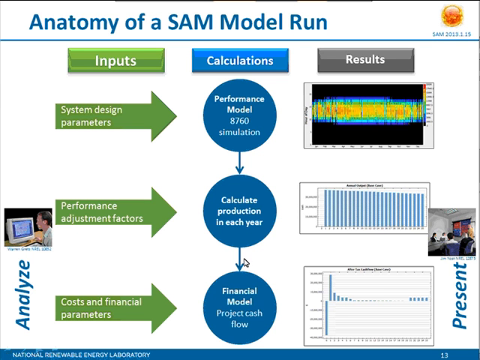Those kilowatt hours get fed into the financial model because that's how we calculate revenue. And then SAM displays lots of pretty graphs and tables from each of these modules of the model. We can look at hourly data, monthly data, annual data related to the performance of the system, and then we can look at things like the cash flow and the annual output that are part of the financial model.